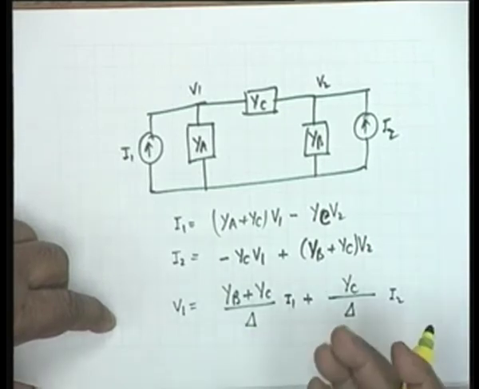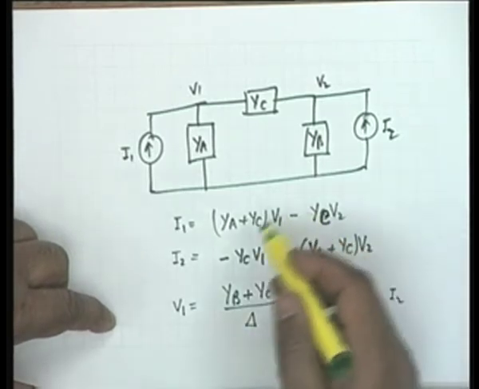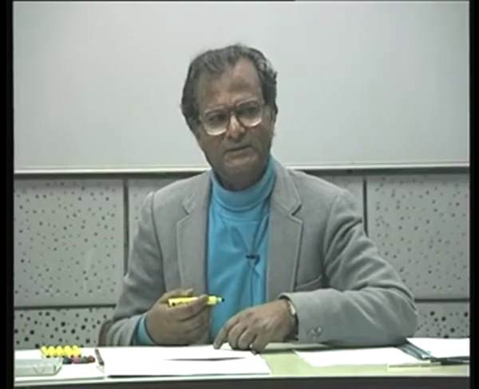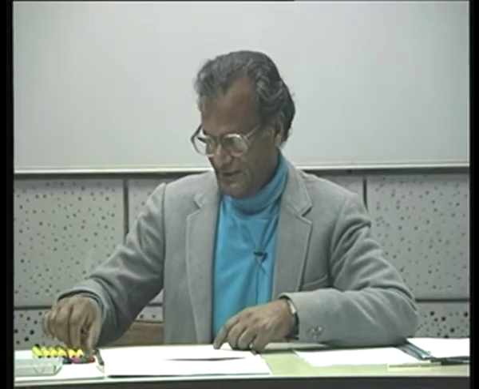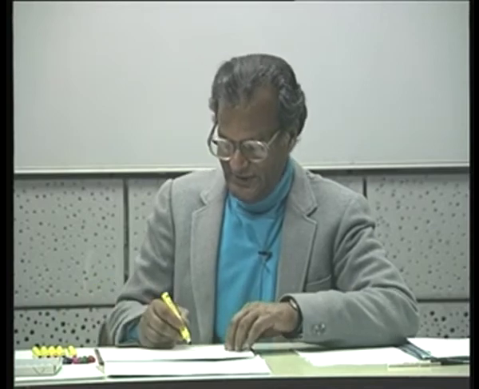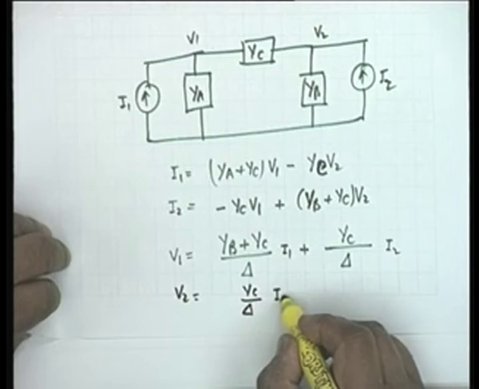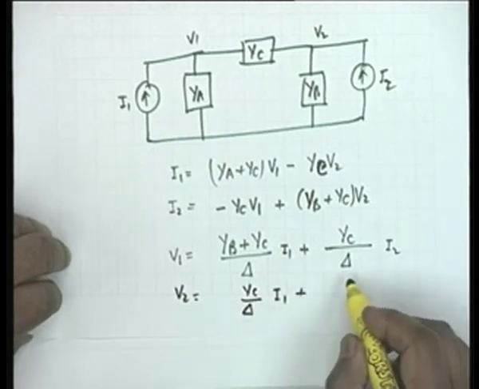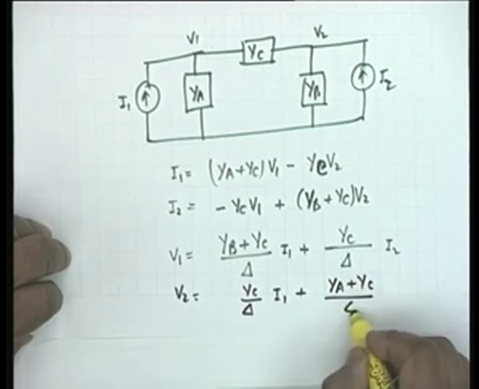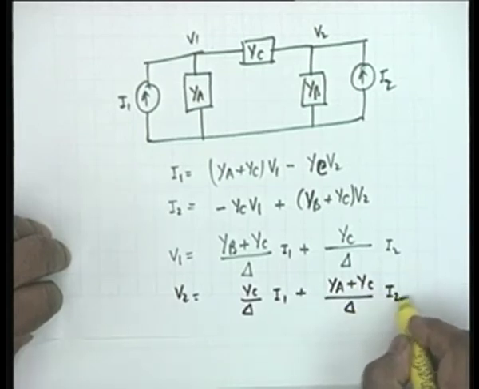I have applied the same procedure. I have not written the matrix; I have omitted some steps. Similarly, you can write V2 as equal to YB by del times I1 plus, what shall you have here, YA plus YC divided by del multiplied by I2.